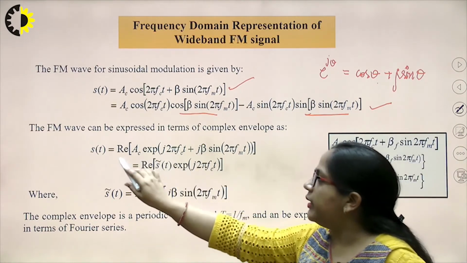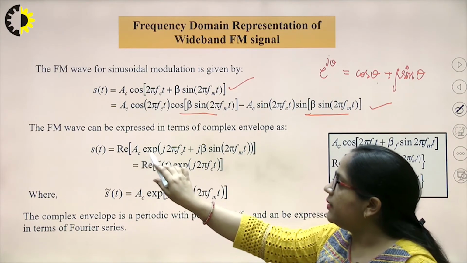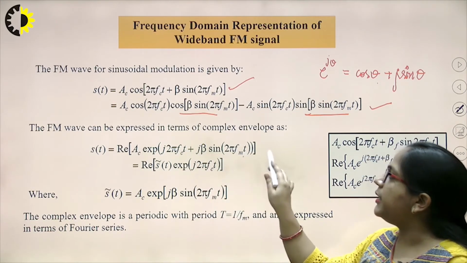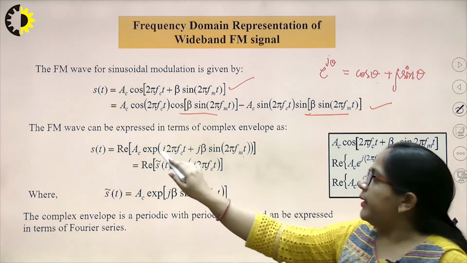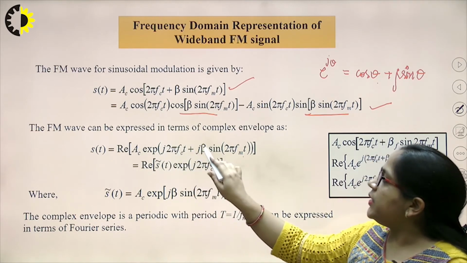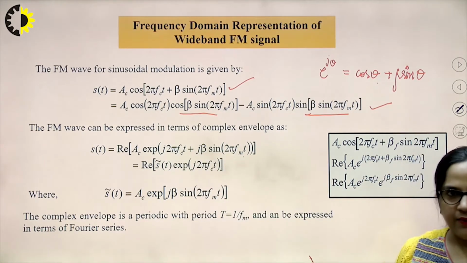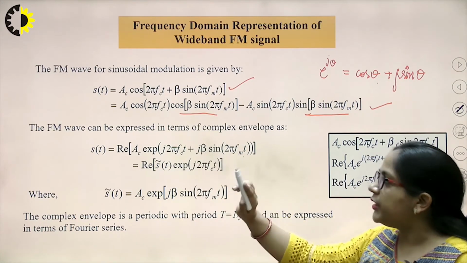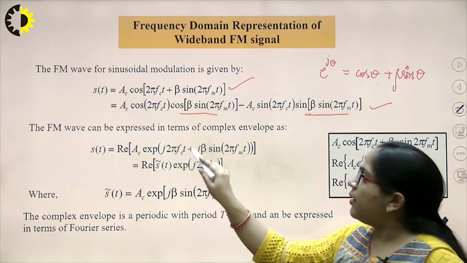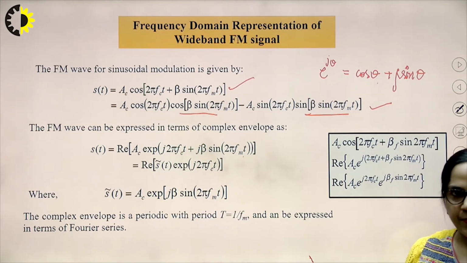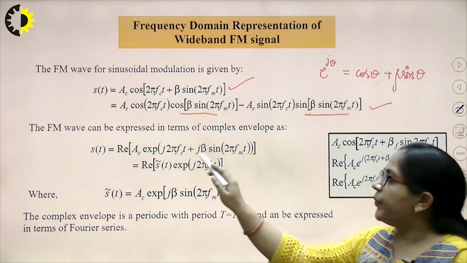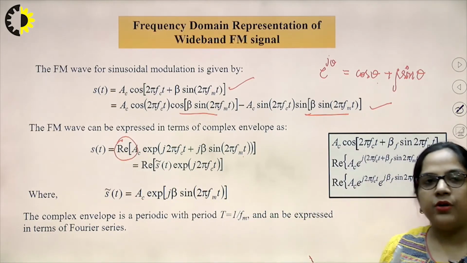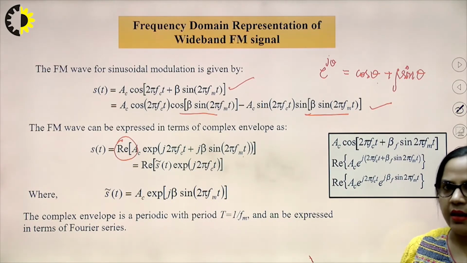So how are we going to write this expression in terms of its complex envelope? We write the real part of Ac exponential of j2π fc t plus jβ sin 2π fm t. When we expand this e raised to the power jθ, we get cos θ plus j sin θ. What are we considering here? We are considering only the real part, because we are interested only in the real part.